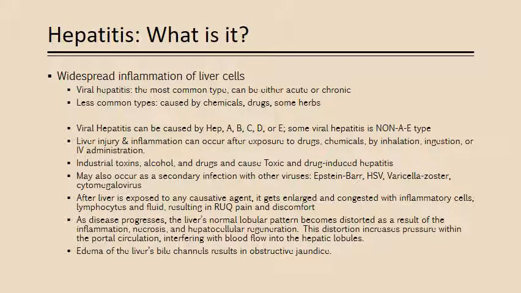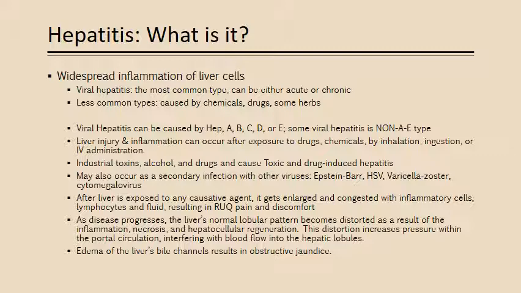Liver injury and inflammation can occur after exposure to drugs, chemicals, by inhalation, ingestion, or IV administration. So those are some initiating things causing that liver injury. Industrial toxins, alcohol, and drugs can cause toxic and drug-induced hepatitis. They may also occur as a secondary infection due to other viruses such as Epstein-Barr, herpes simplex virus, varicella zoster, or the chickenpox, and cytomegalovirus.